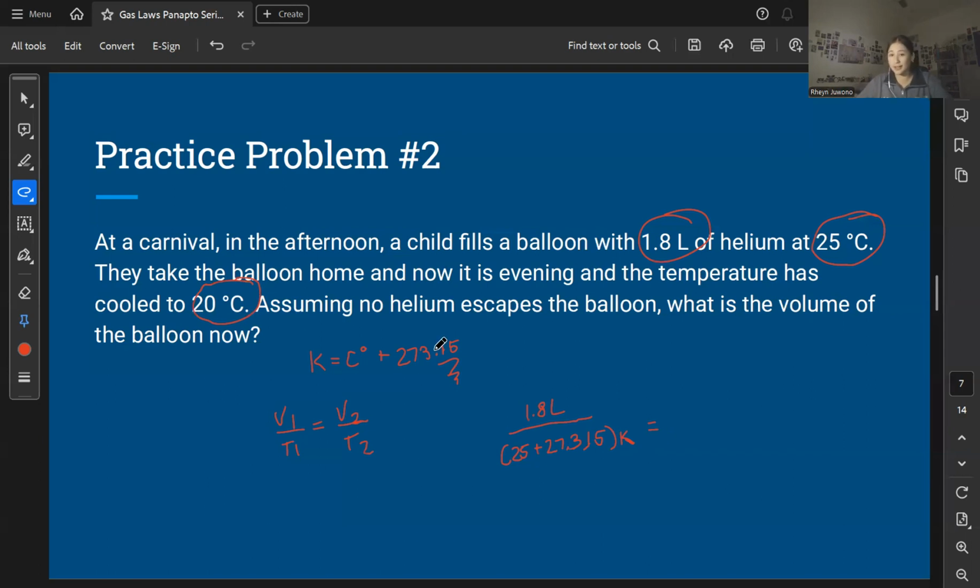What we're solving for is volume, of course. So V2 over 20 plus 273.15. Okay, so now we can take out a calculator. If we multiply both sides by this denominator, we should get that V2 is equal to, time for some calculations.